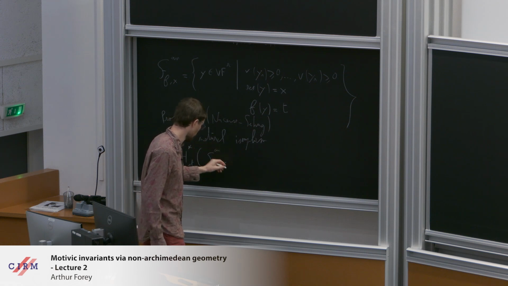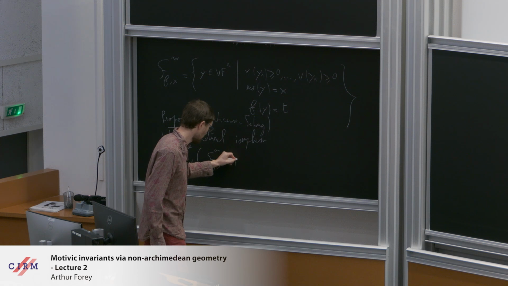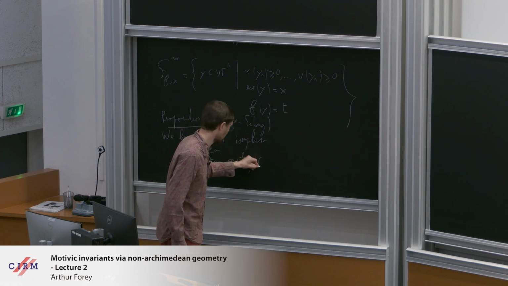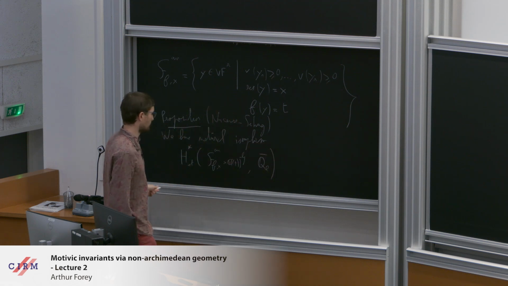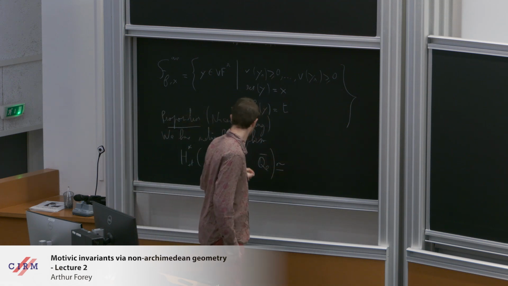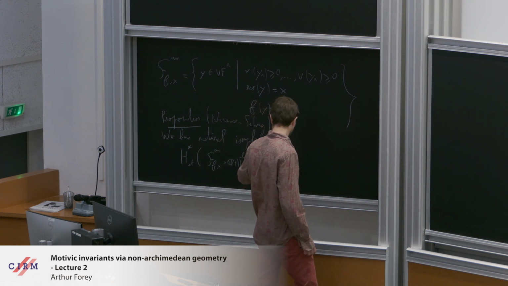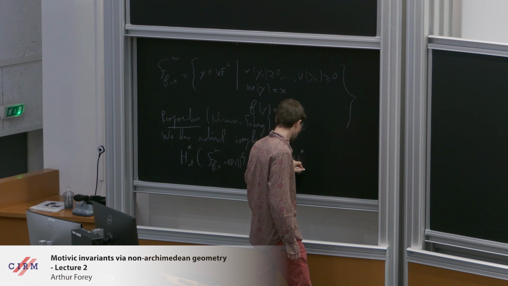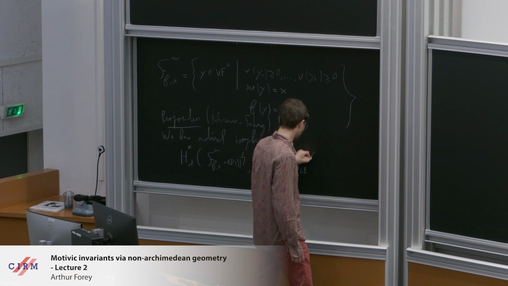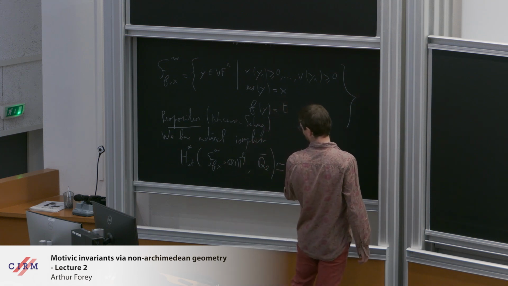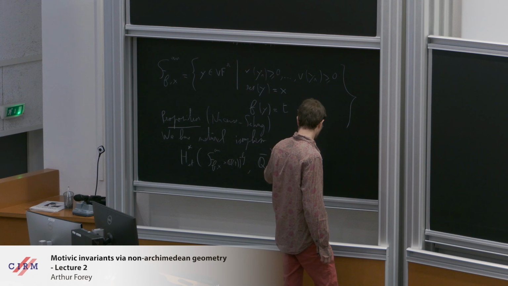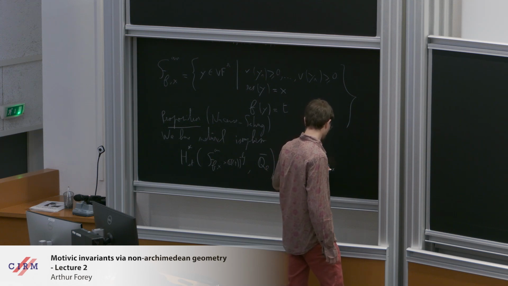I'm supposed to base change to the algebraic closure for this to make sense. So it's étale cohomology, so you need to take coefficients in Q_l bar. But you can think that it's C, it doesn't really matter for us. And this will be naturally isomorphic to the singular cohomology of the topological Milnor fiber at x.